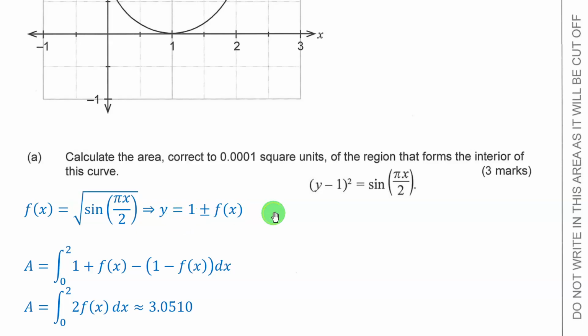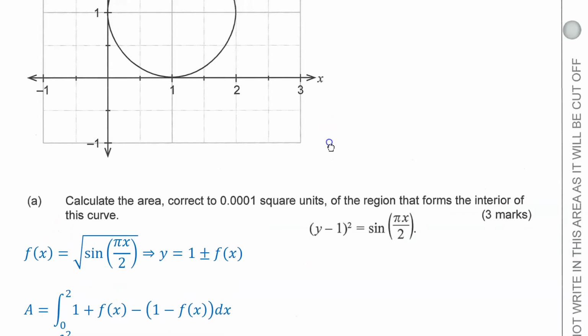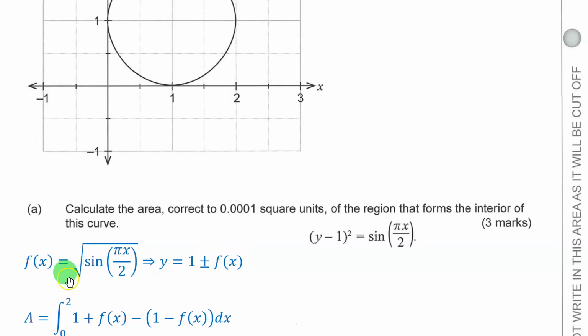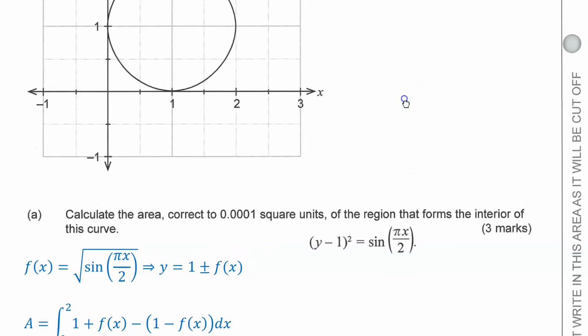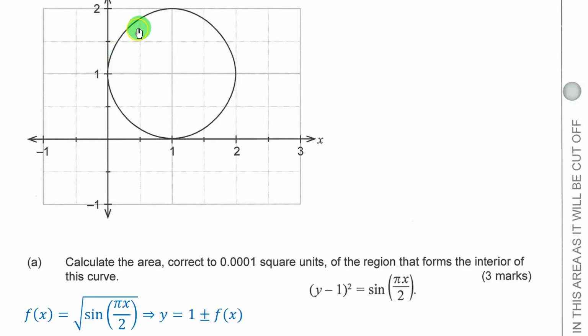And so then the integral, because obviously on a question like this, the key mark is going to be writing down the correct integral. Because it's plus or minus the square root of this bit, 1 plus f of x is going to be the top part and 1 minus f of x will be the bottom part.